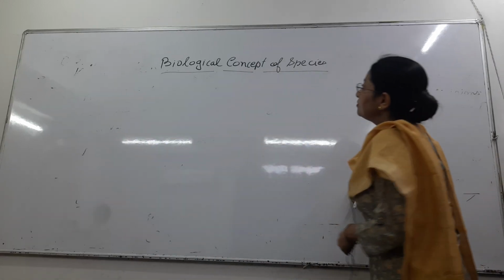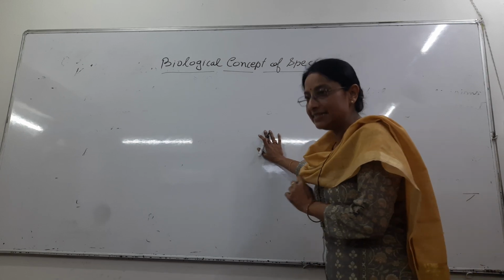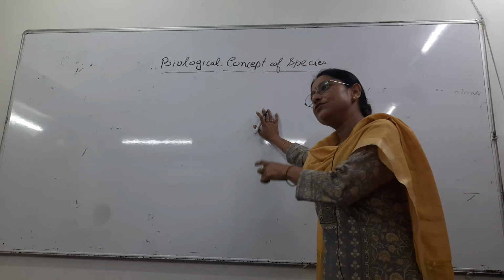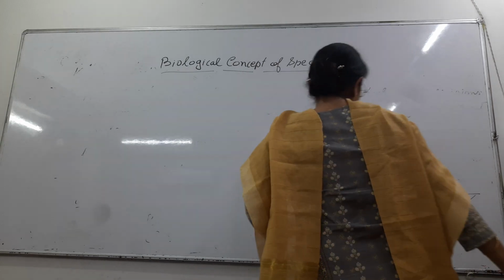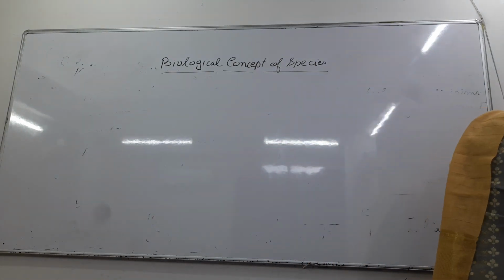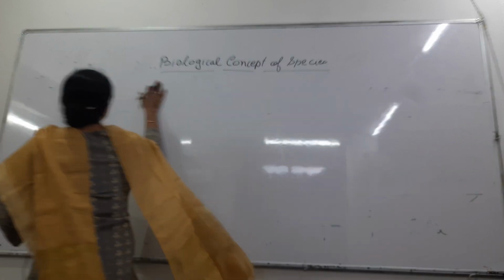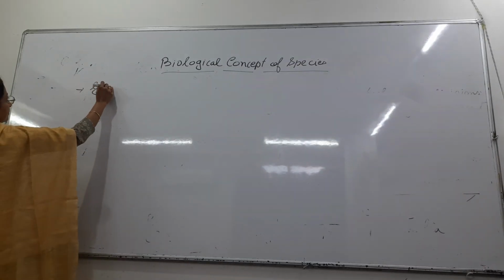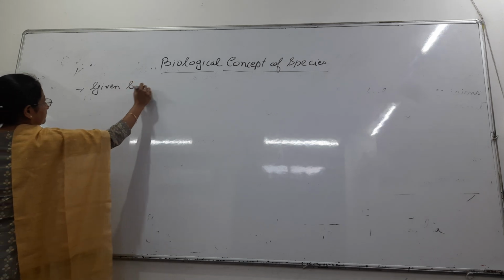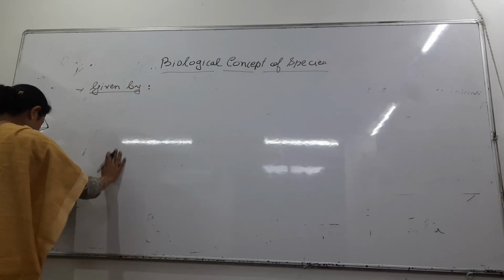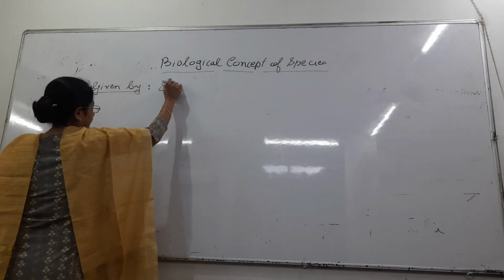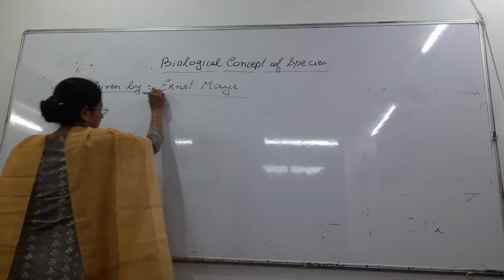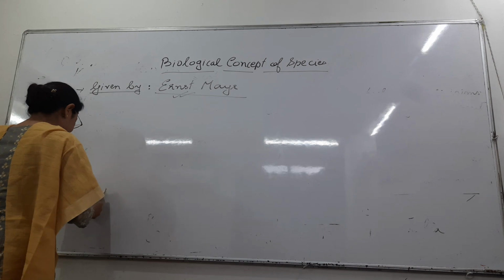So the biological concept of species is a concept given by a scientist, Ernest Mayr. So what is a species? The definition has been written properly, right? So what did he say? Then we'll understand. Given by Ernest Mayr.